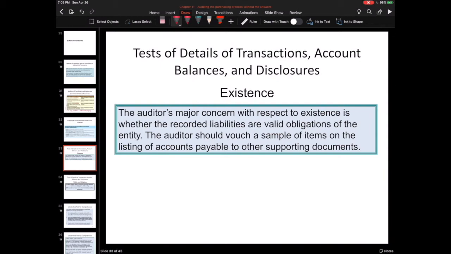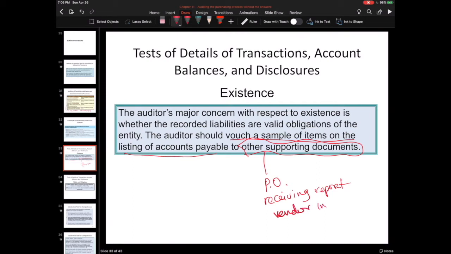they could have recorded a liability which doesn't actually exist or isn't a valid obligation of the entity. So to test this, we could vouch a sample of items included in the AP listing. So take the AP listing, pick a sample of items, and then vouch them to other supporting documents. So this would be things like the PO, the receiving report, and vendor invoice.